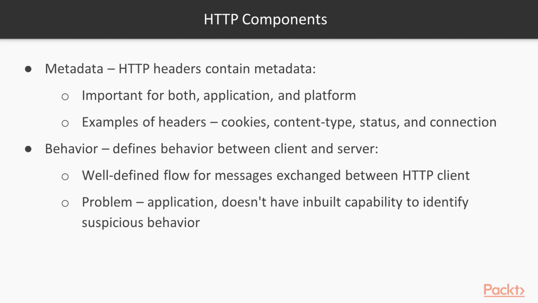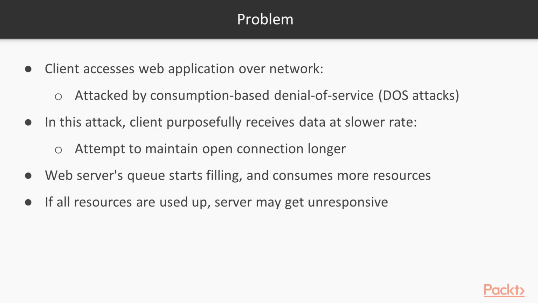There is a well-defined flow of how messages should be exchanged between an HTTP client, such as a browser, and the server. The main problem here is that an application generally doesn't have an inbuilt capability to identify suspicious behavior. For example, a client accesses the web application over a network, which may be attacked by a consumption-based denial of service, that is, DoS attack.